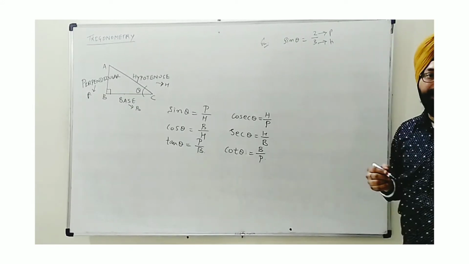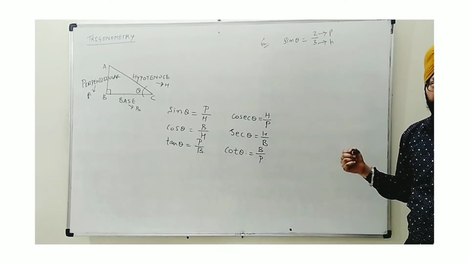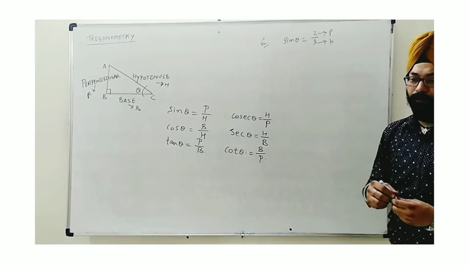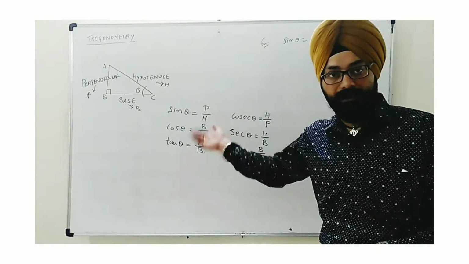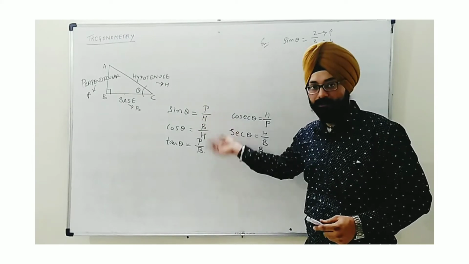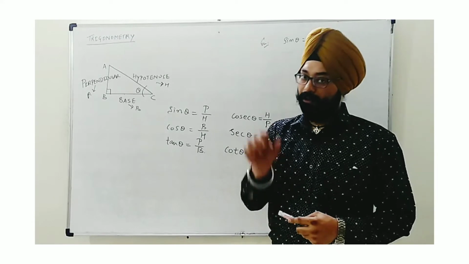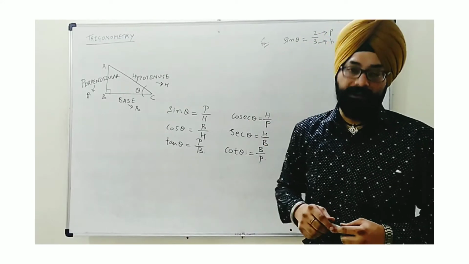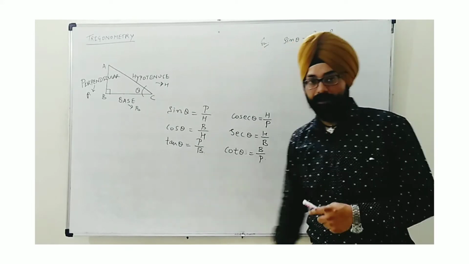After this, suppose I extend the question: find the value of other functions, other ratios. This is a small thing, but let me tell you from here. Because we have seen the ratio of the sides of the triangle, that's why we call them ratios. But from now onwards, we will use the exact term, which is function. That function concept will also be taught to you in another topic.